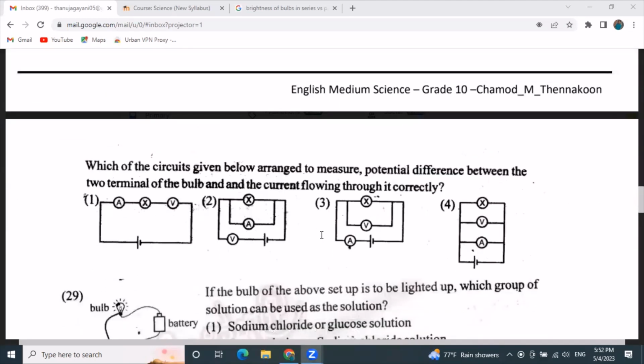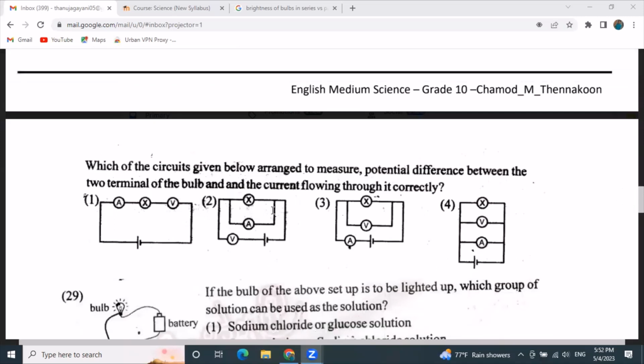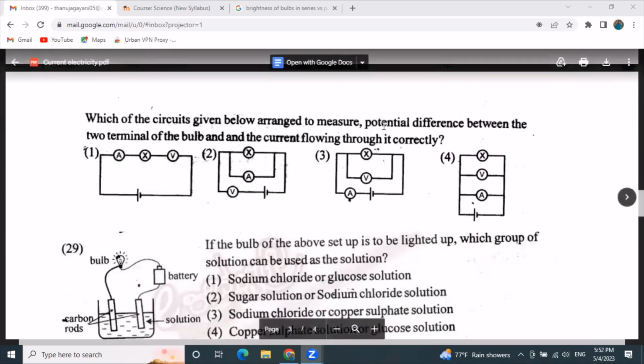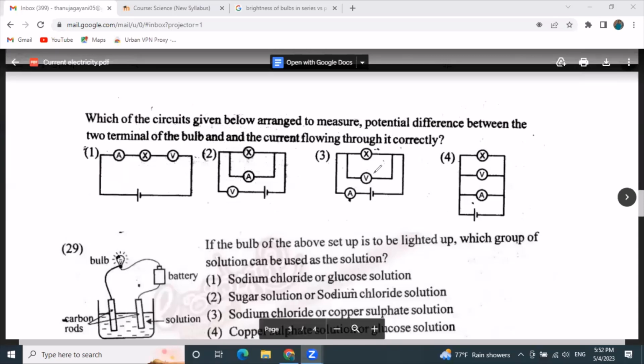Which of the circuits given below are arranged to measure the potential difference between the two terminals of the bulb and the current flowing through it correctly? We know that to measure the potential difference, we should connect the voltmeter in series method or parallel method.